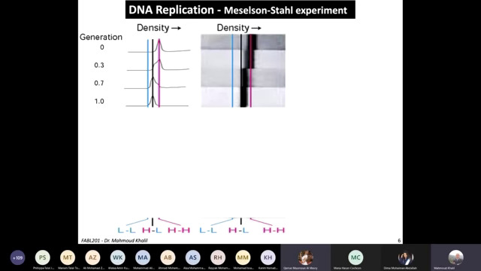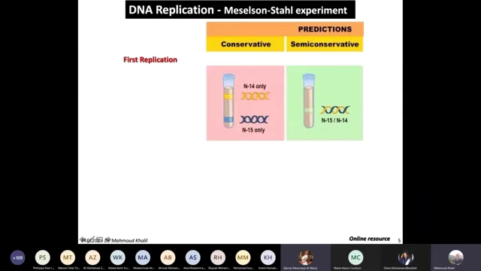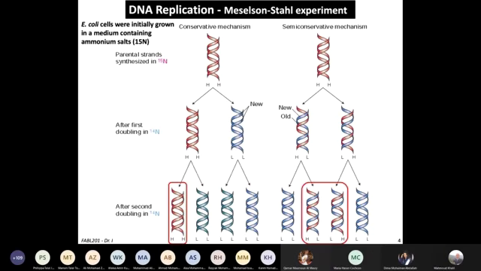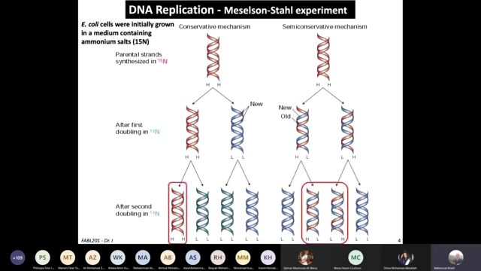Doctor, why in the second replication did we get only N14, one double strand of N14 only? How did we get this? Are you talking about conservative or semi-conservative?